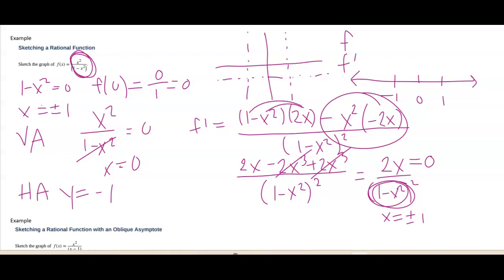And if I plug in values smaller than negative 1, let's go ahead and see what happens. Well, the bottom is always positive, right? Because I'm taking something and squaring it. And then the top is going to be the same sign as whatever x you're plugging in. So negative over positive, f prime is always negative here. So f must be decreasing and then decreasing.